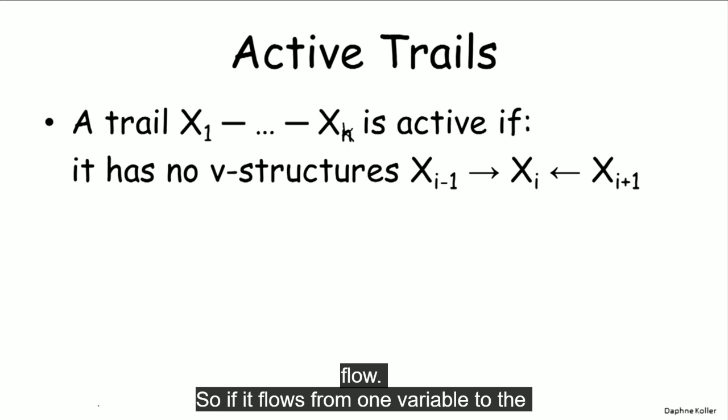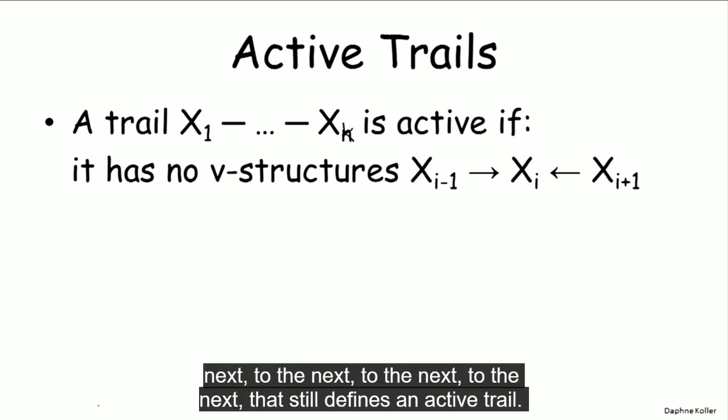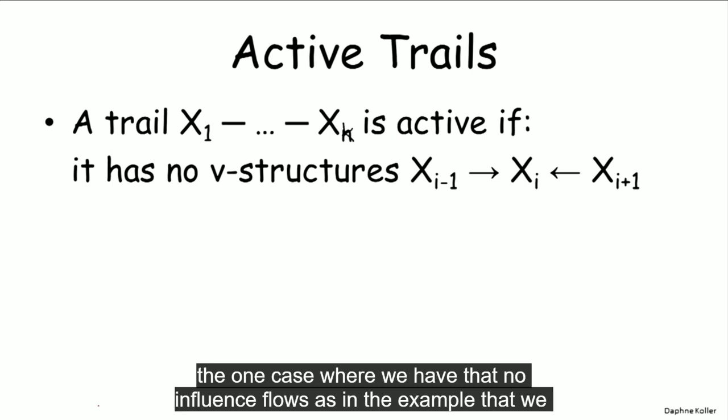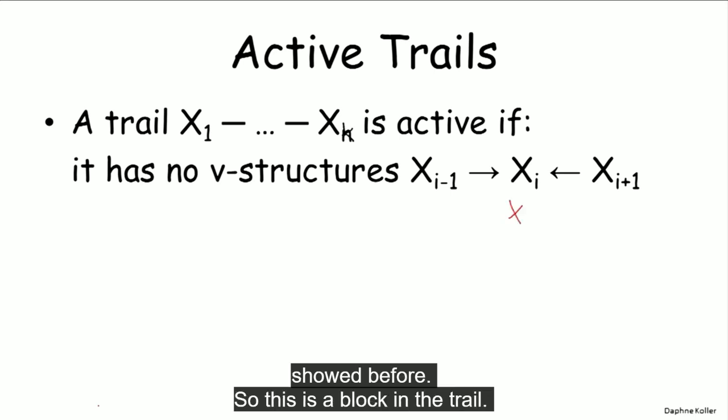So if it flows from one variable to the next, to the next, to the next, that still defines an active trail. The only thing that blocks an active trail is a V structure, because that is the one case where no influence flows, as in the example that we showed before. So this is a block in the trail.